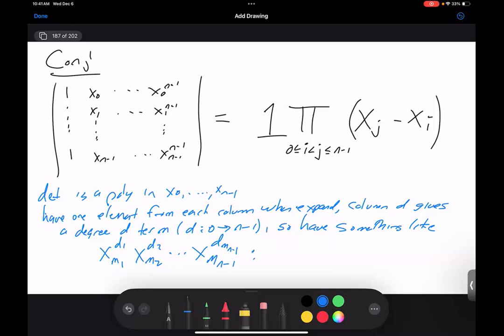And so the degrees are 0, 1, 2, ..., n-1 in some order. Does everyone agree that all the terms are going to look something like this? I don't know which index it is, but these are just going to be the numbers permuted somehow, and the degrees are going to be 0, 1, 2, all the way up to n-1. Does everyone agree on that? If not, please speak up. This is the key step here.